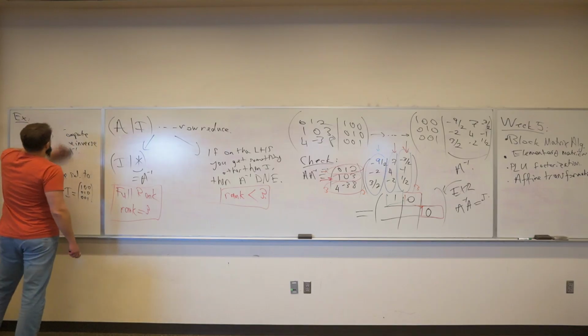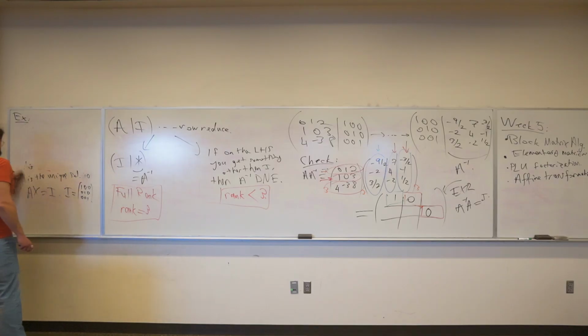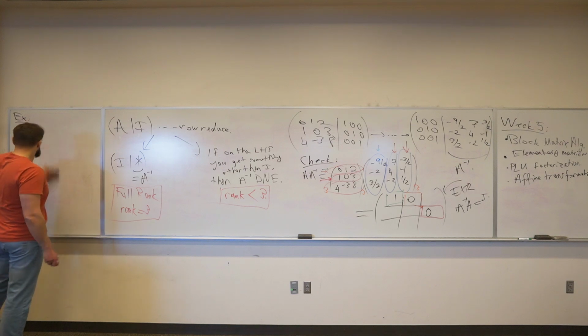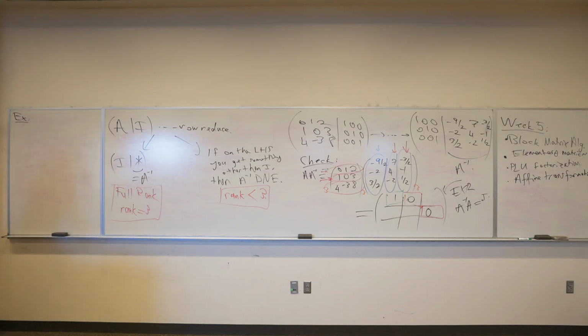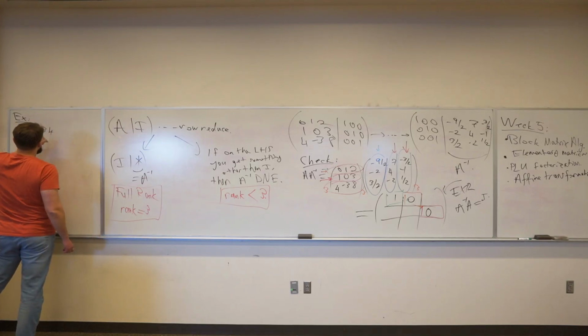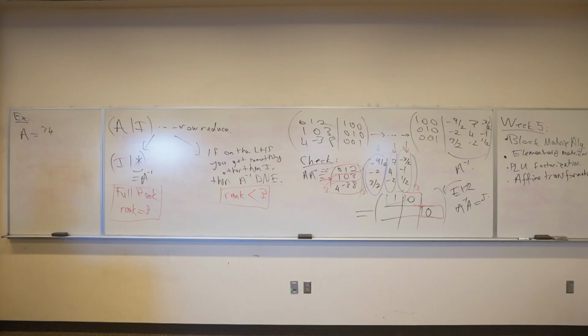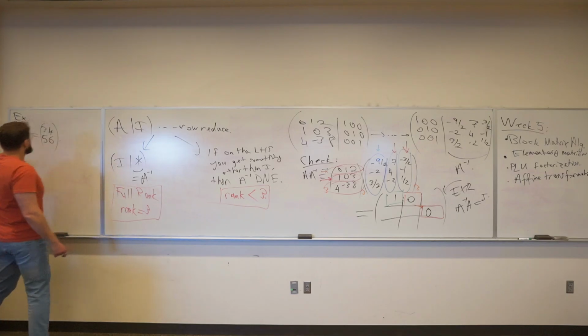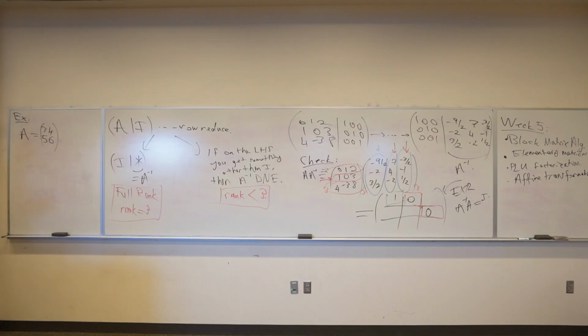So for instance, let's look at this. A new example: 1, 3, 6 in the first row, and 4, 5, 6 in the second. Okay, that's a new example.